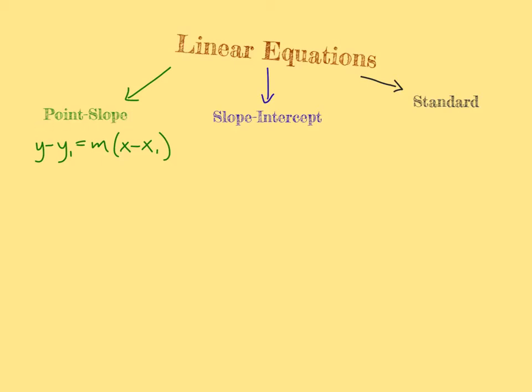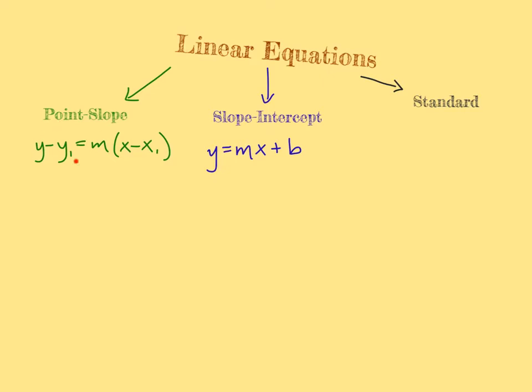If you want to write it down, feel free. But again, this equation works best if you're literally given a point and a slope. Cool. Take a look at slope-intercept. Slope-intercept is what most of us will remember, probably the most. Y equals mx plus b. I'd say that this is normally how we will write our final answers.